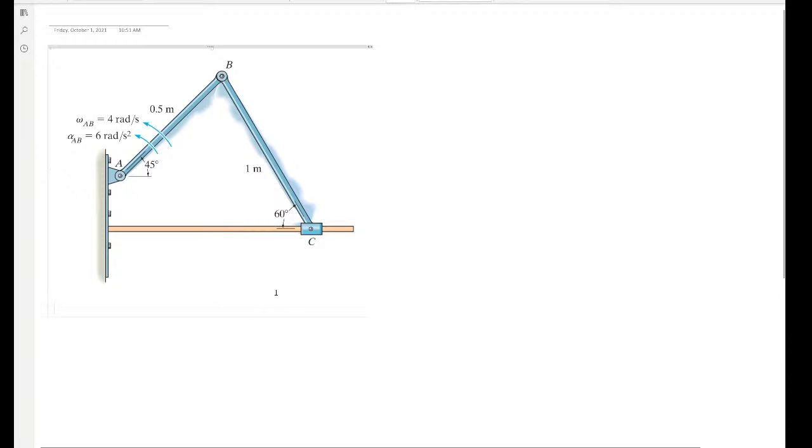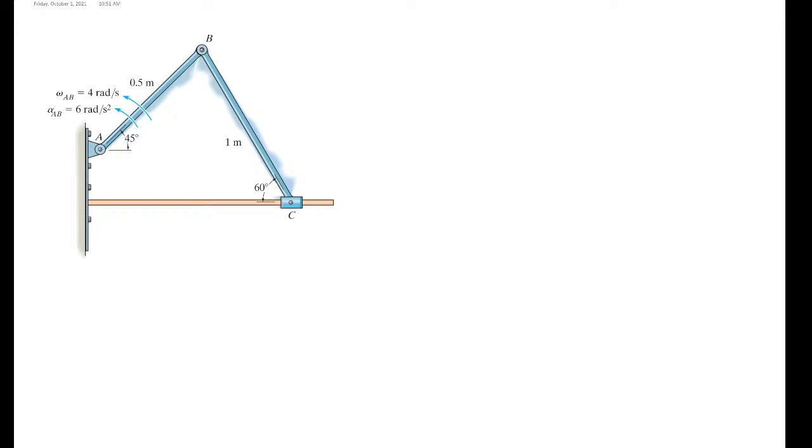So the first thing I'm going to do is approach this with the mindset of an instant center, the same thing I've done before. I'll go ahead and make it full screen. So I know this velocity is going to head off this way.